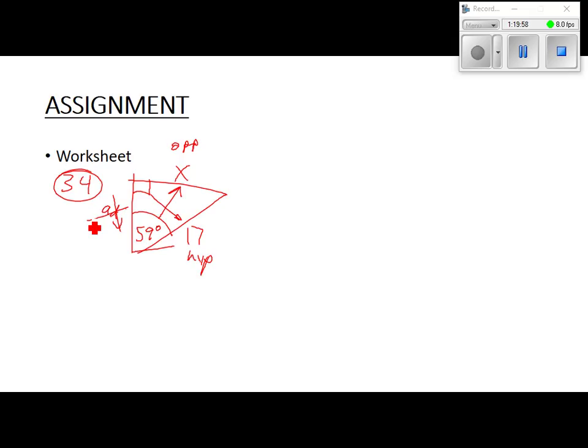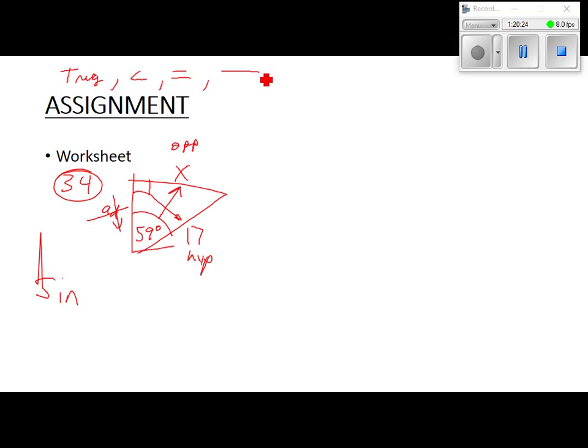We only care for the opposite and hypotenuse. Which trig ratio in the SOHCAHTOA deals with opposite and hypotenuse? Sine. So that tells us we're going to use the sine ratio. Remember, we write down the trig ratio, then the angle, then an equal sign, then the fraction bar. So our trig ratio is sine.